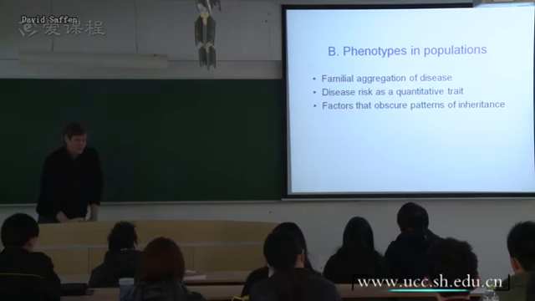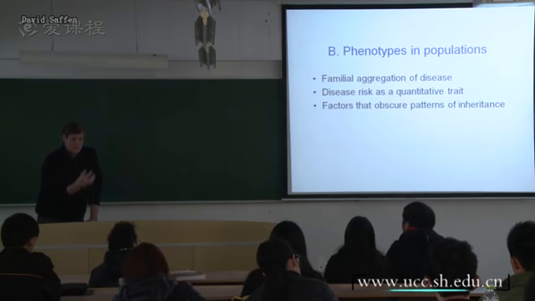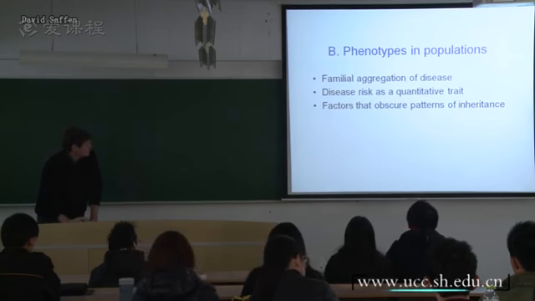Here, though, we're dealing with diseases that have lots of factors, and so it's impossible to trace the effects of individual genes in the same way. And so instead, we have to talk about the tendency for certain diseases to run in families. So we're going to talk about familial aggregation of disease.